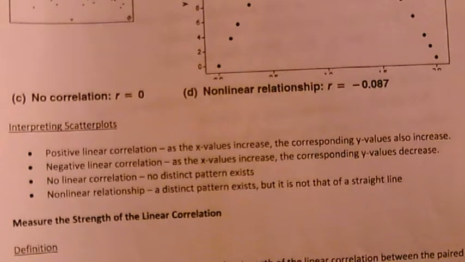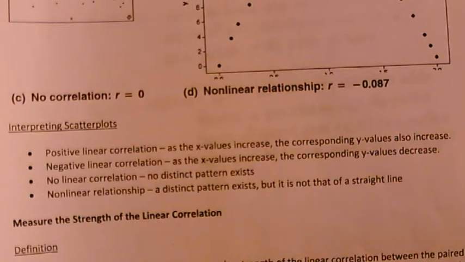For a positive linear correlation, as your x values increase, the corresponding y values also increase. A negative linear correlation is this: as the x values increase, the corresponding y values decrease. With no linear correlation, there is no distinct pattern. In a nonlinear relationship, there is a distinct pattern, but it's not that of a straight line. So those are the 4 ways that we can interpret scatter plots.